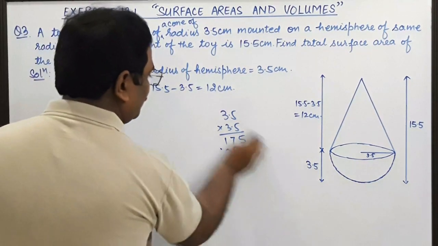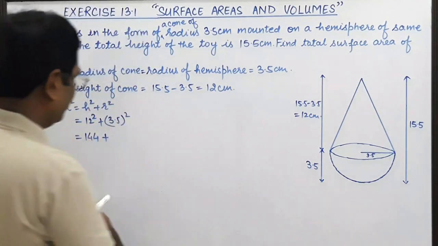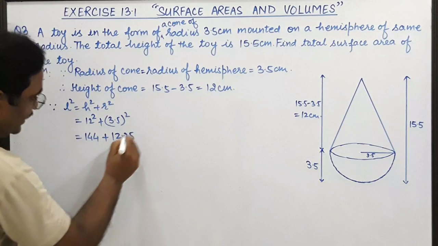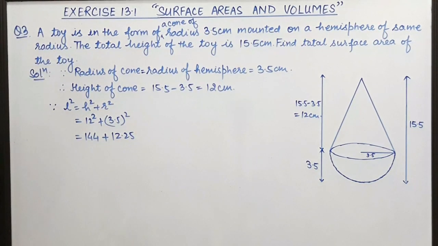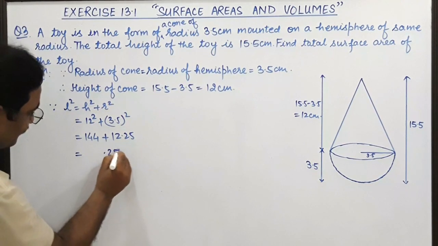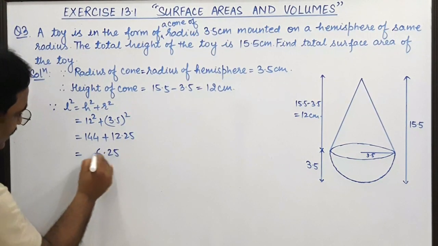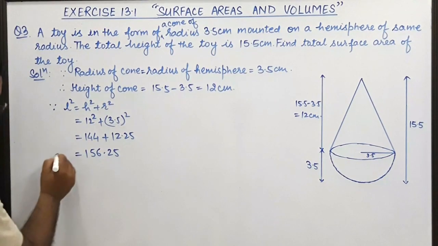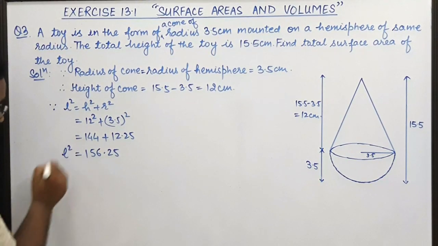After getting the square of 3.5, we add these two, and we get 156.25 as the value of L square.